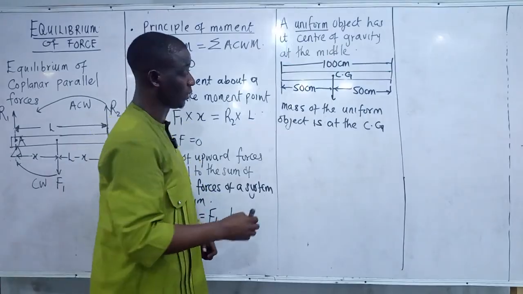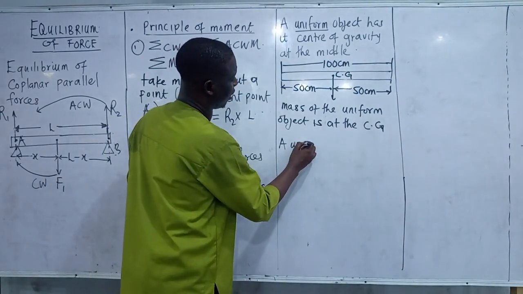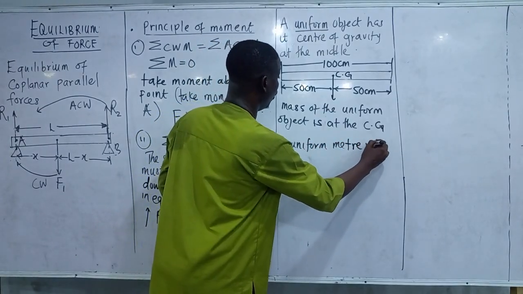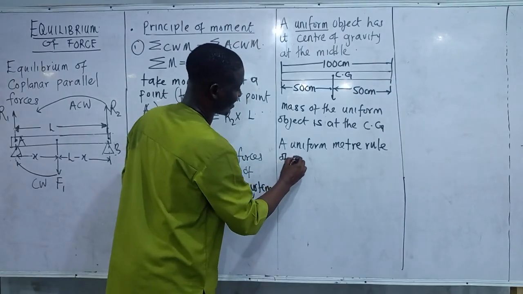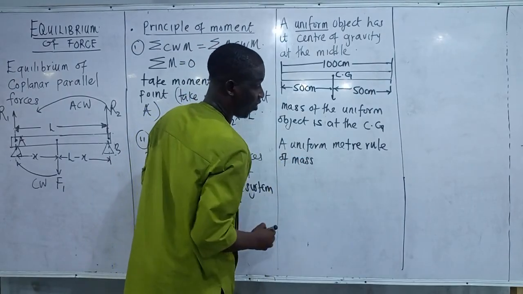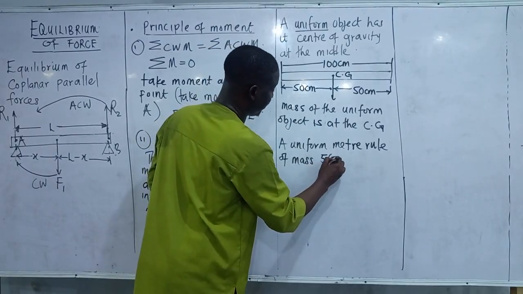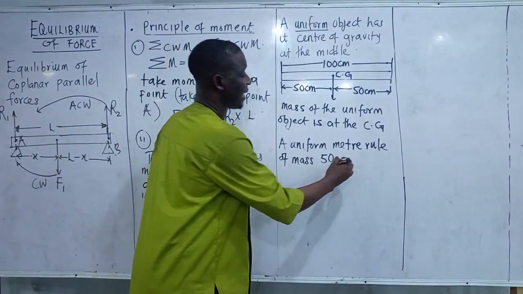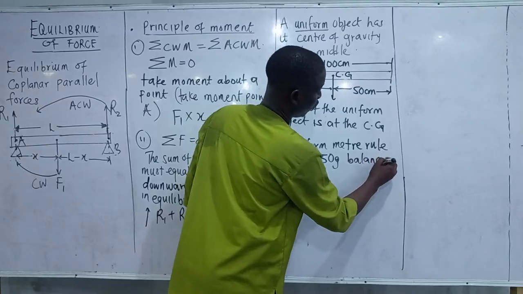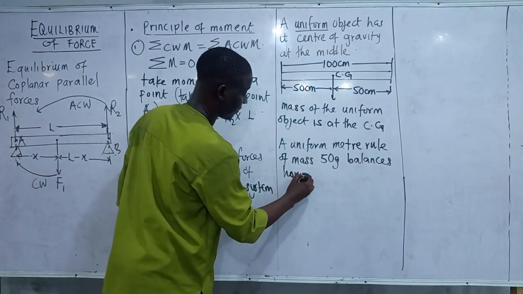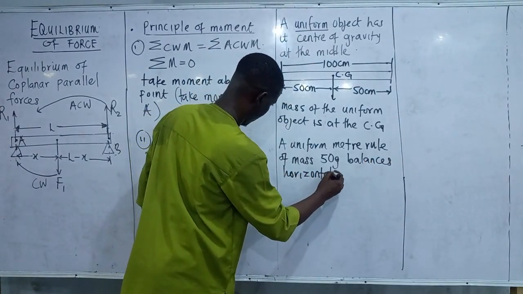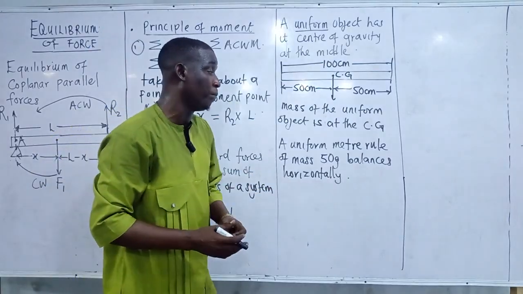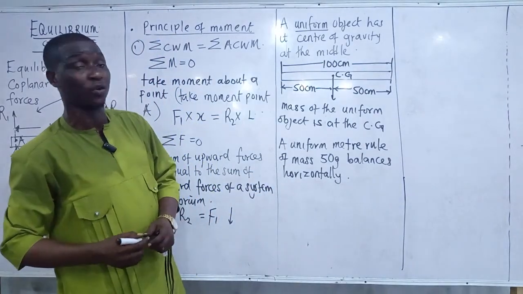So if I say, for example, a uniform meter rule of mass 50 gram balances horizontally, I want to apply what I've just talked about. A uniform meter rule of mass 50 gram balances horizontally.